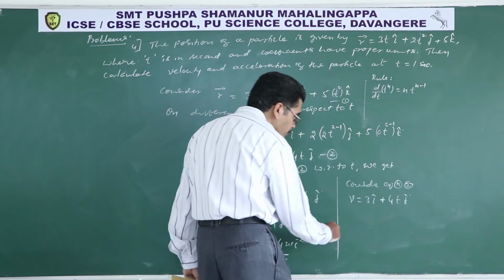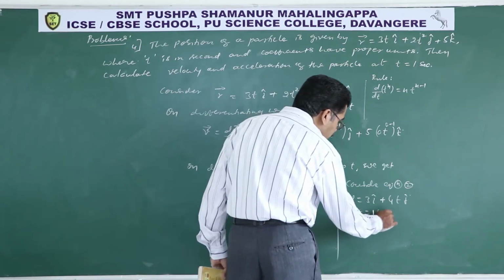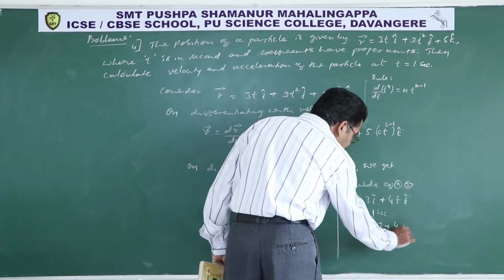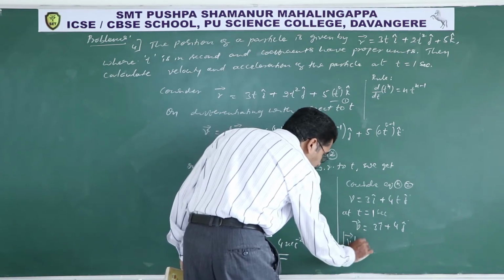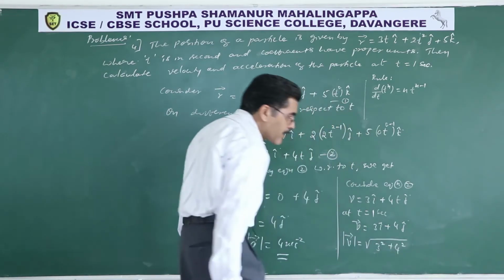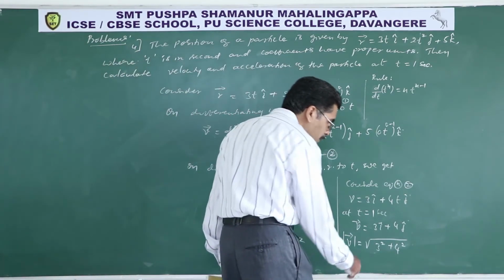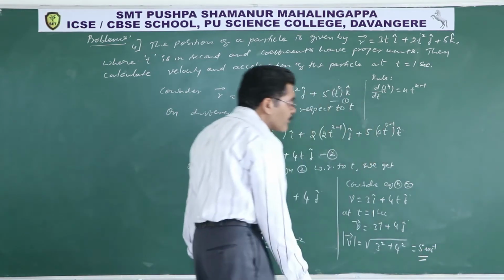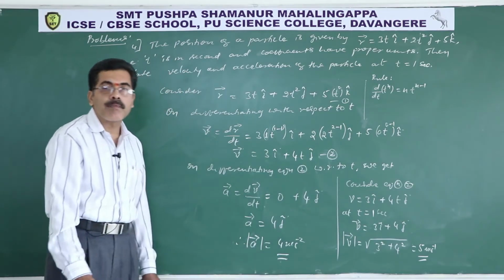At t is equal to 1, as given, v is equal to 3 into i cap plus 4 into j cap. The velocity magnitude is given by root of 3 square plus 4 square, which is nothing but the square root of vx square plus vy square. So you get 5 meter per second. Therefore velocity is 5 meter per second and acceleration is 4 meter per second square.